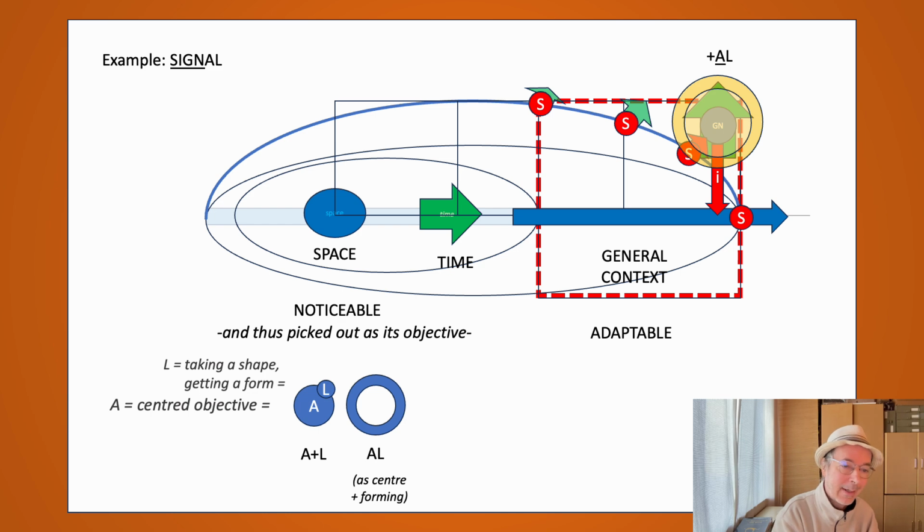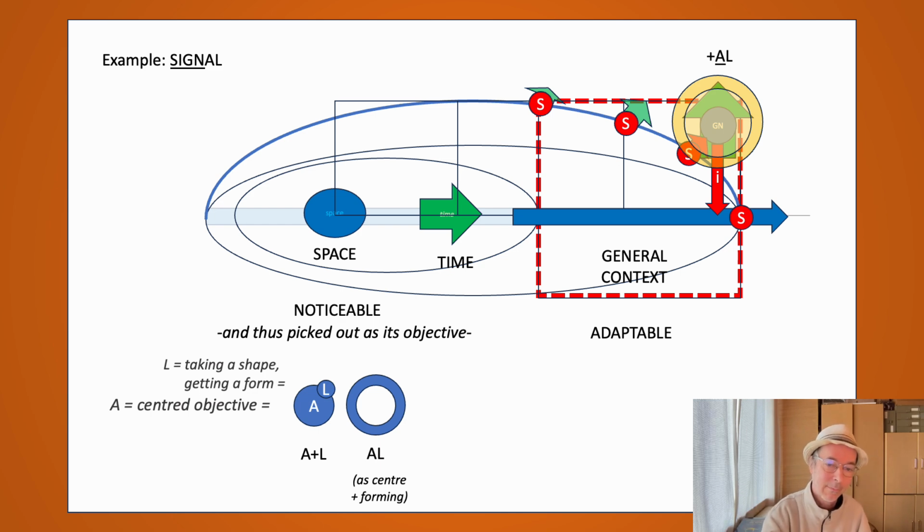If you combine A with L, you have the A in the center, and the L is coming out. The L can be seen as the framework around it. It's what is taking form, what is taking shape from A. It's still like the A, but it's also like the L. It is having a form around the A. That's how you have to interpret it.